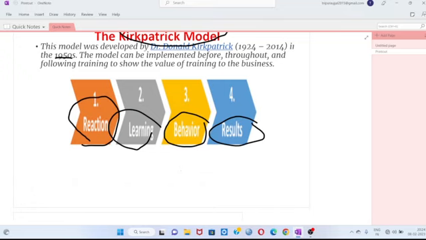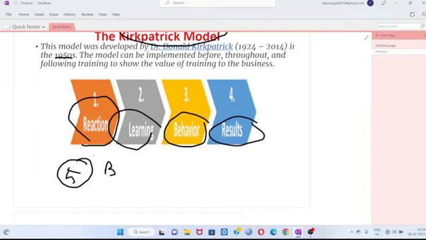Now, business training. Suppose there are 5% who have taken training about the business. Now what is their reaction after the training? Whether the training is very good, very satisfactory, or very bad. Their satisfaction or whatever, their reaction we will see.